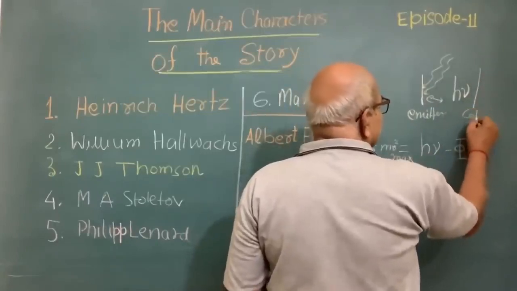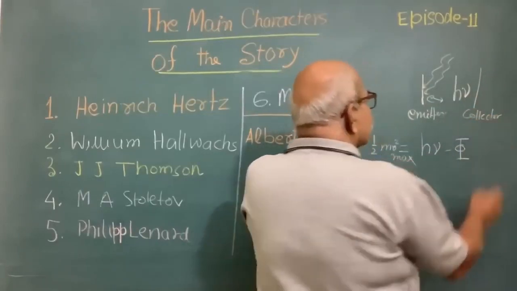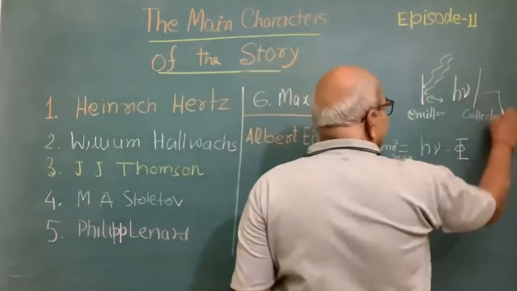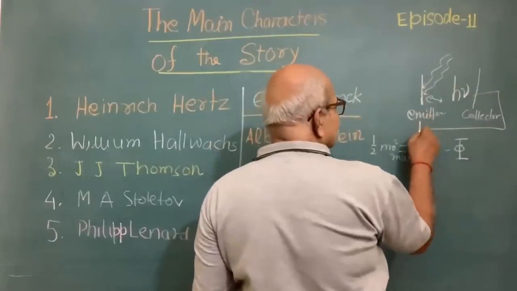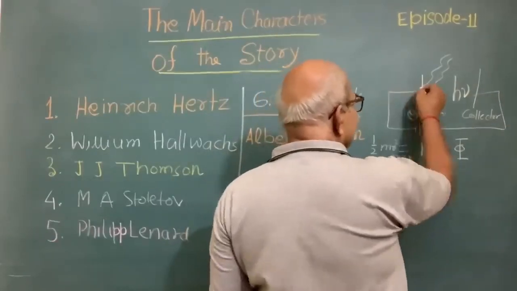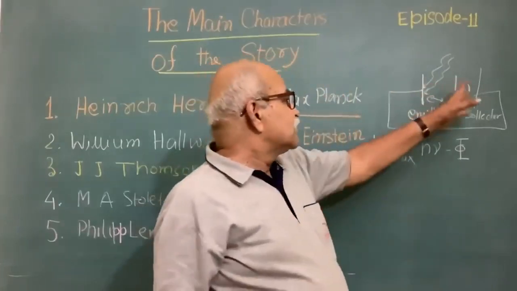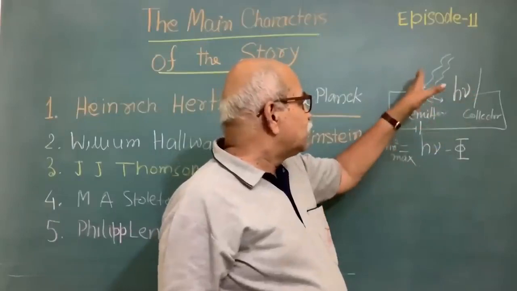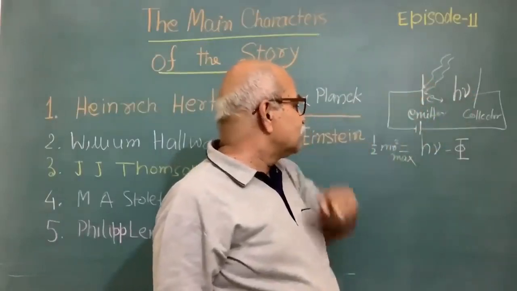emitter and collector, you can call it collector. The electrons are getting collected here, and then you have a circuit. These electrons are recycled. You may have some potential differences and all that, like this. So this way you can have the circuit. This can be made positive, this can be made negative.